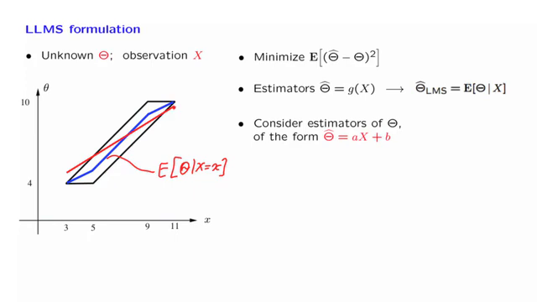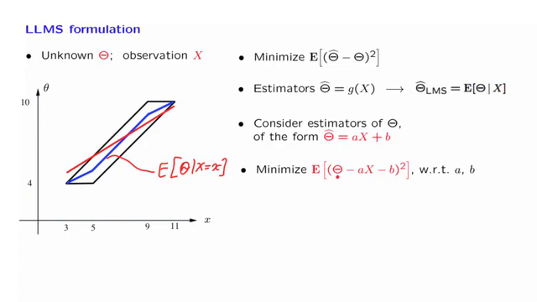Well, we need a criterion, but let us stick to our mean squared error criterion, and in that case, we are led to the following formulation. We want to find choices for a and b. That is, we want to choose a particular red line so that the resulting mean squared estimation error is as small as possible.